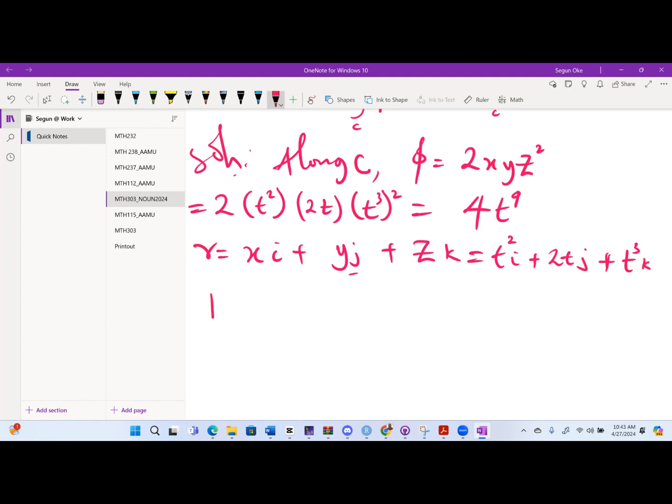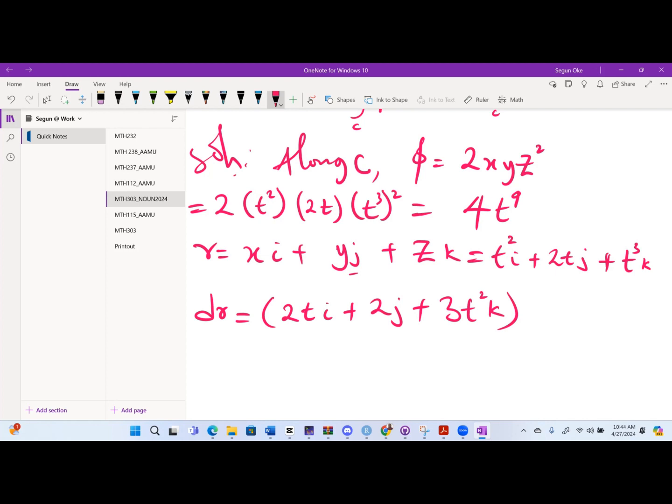So what's going to happen to my dr? My dr will be 2ti plus 2j plus 3t squared k. So remember the r we were using the other time is just the r of x, y, z. But in this case now we are given the values and we're using those values to multiply them.